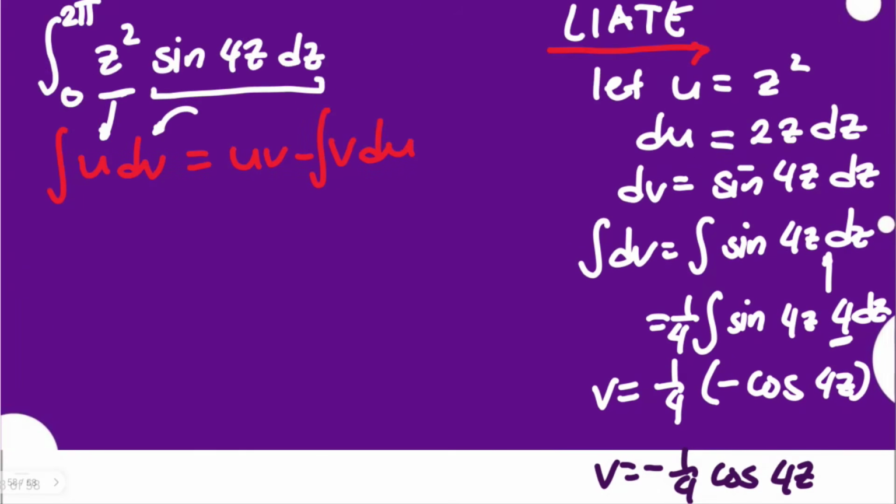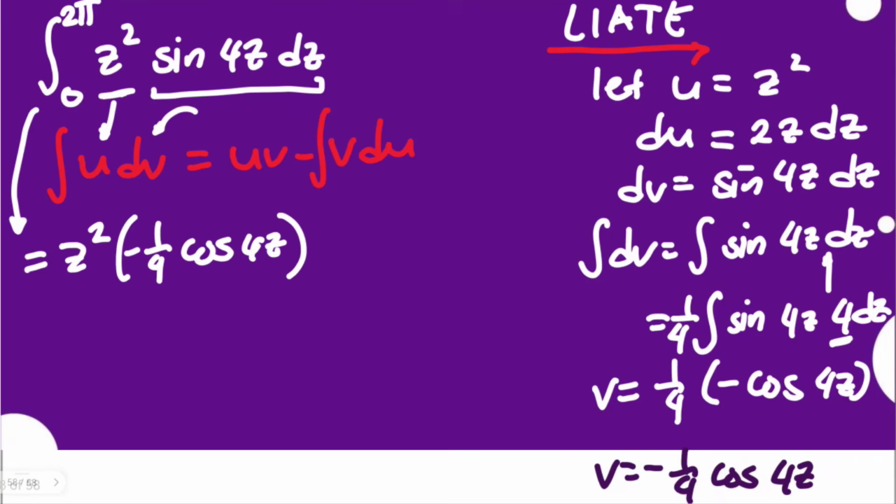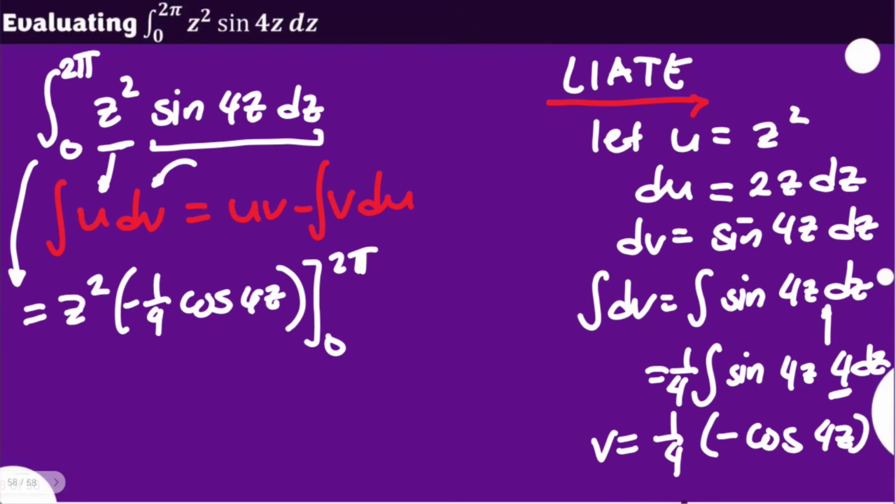These are the items we need to introduce as we write this given expression using integration by parts. Our u is z squared. Our v is negative 1/4 cosine 4z. But this will be evaluated from 0 to 2 pi as indicated in the given.